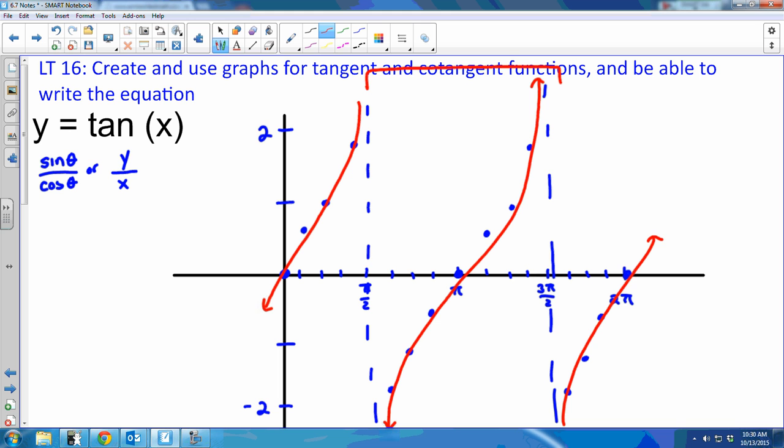So, going back up to the top of that note sheet then. It says, the period for tangent and the cotangent function is, the period will be how often it repeats. So between the two asymptotes is one full period. So what is one full period for tangent or cotangent?